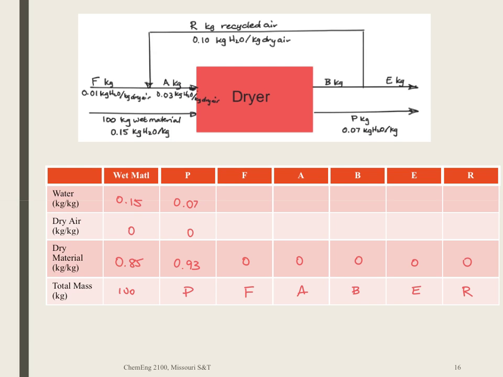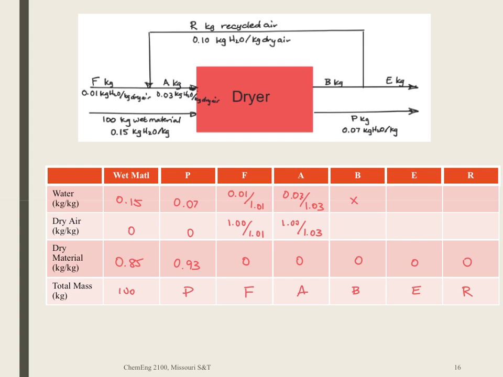But I do know how to write a mass fraction for all of these others. So this is 0.01 over 1.01. This is 0. It really isn't 0. Okay, it's 1.00 over 1.01. This is 0.03 over 1.03 and 1.00 over 1.03.